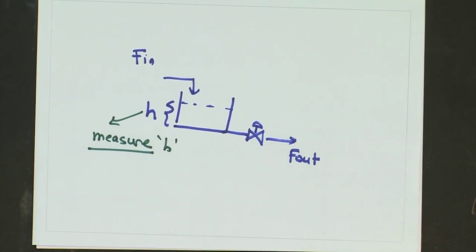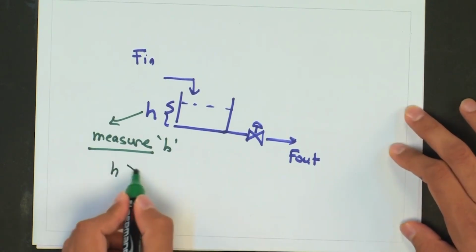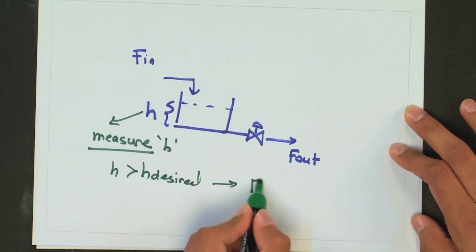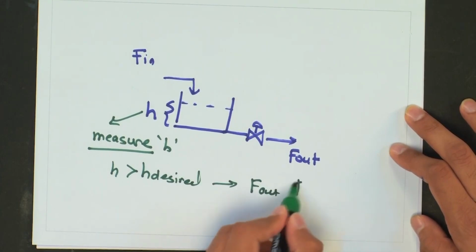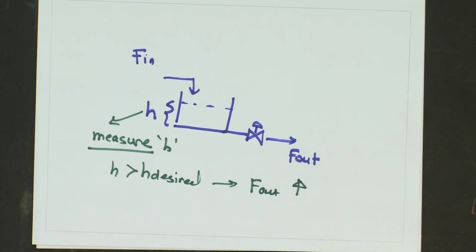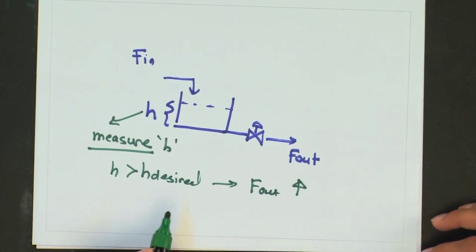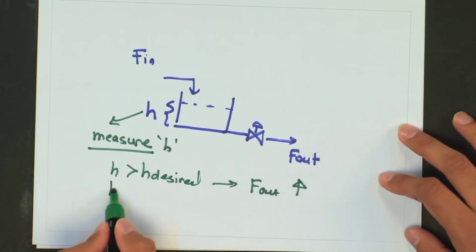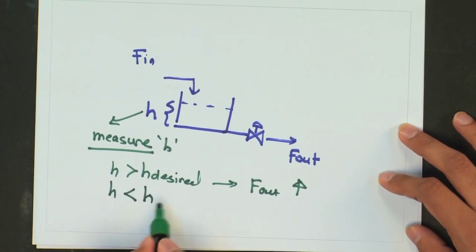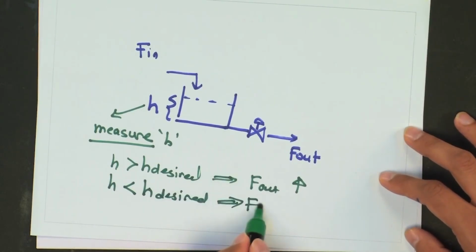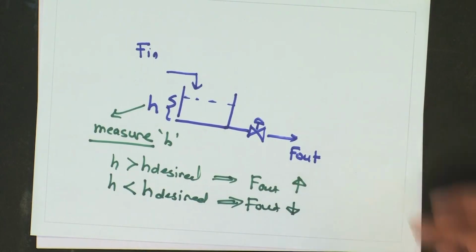If the height inside the tank is above the desired value, then we will increase the outlet flow rate such that the level inside the tank starts to go down, and vice versa. So, if H value is less than the desired value, then we want to hold liquid inside the tank. So, we will reduce the value of F out.